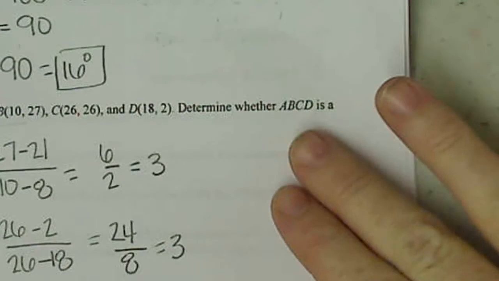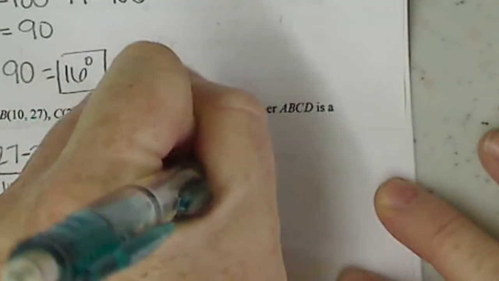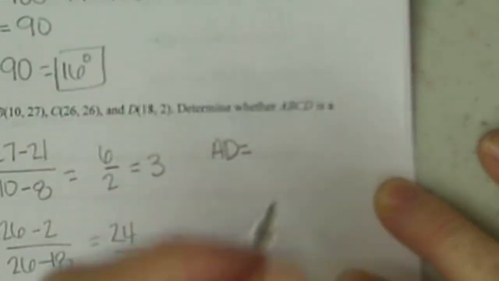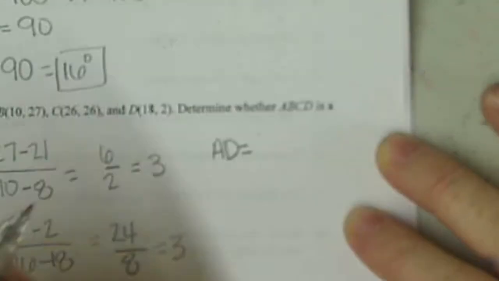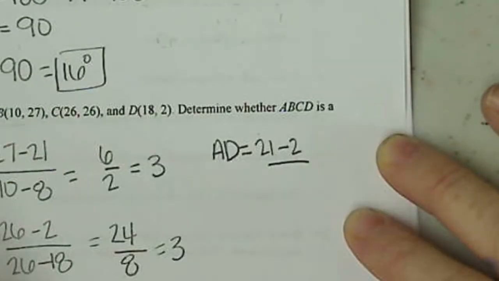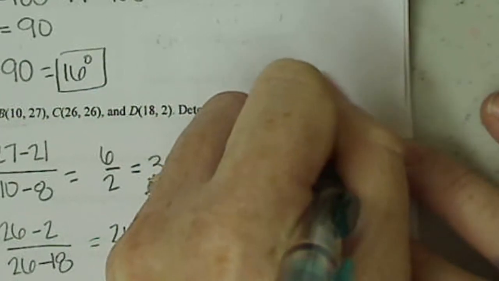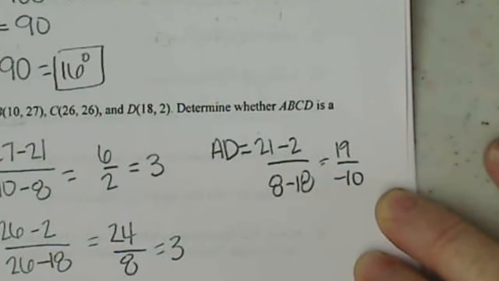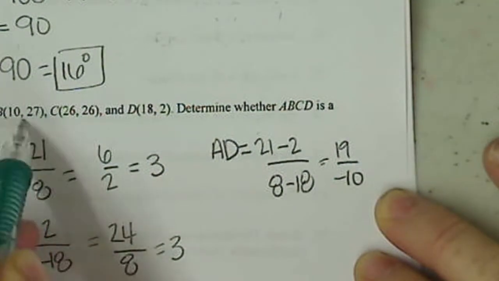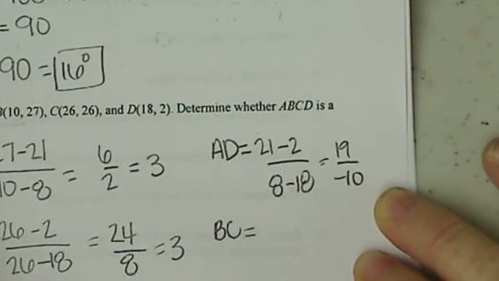Okay, so over here I'm going to talk about AD. AD is -19/-10, and then we want to compare BC. It could be anything other than 19/-10.